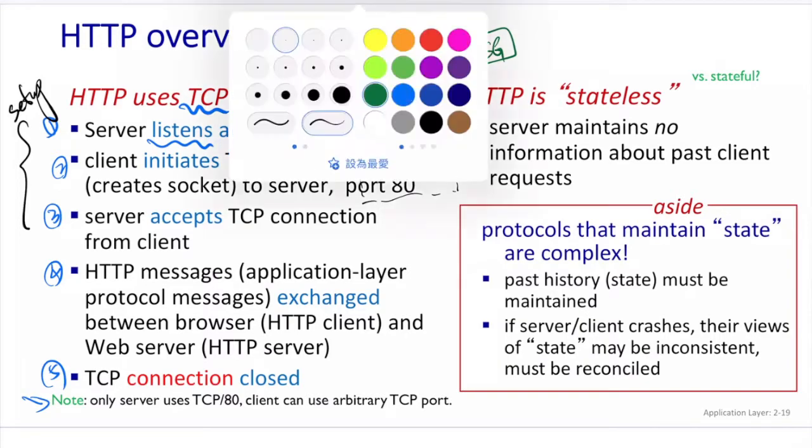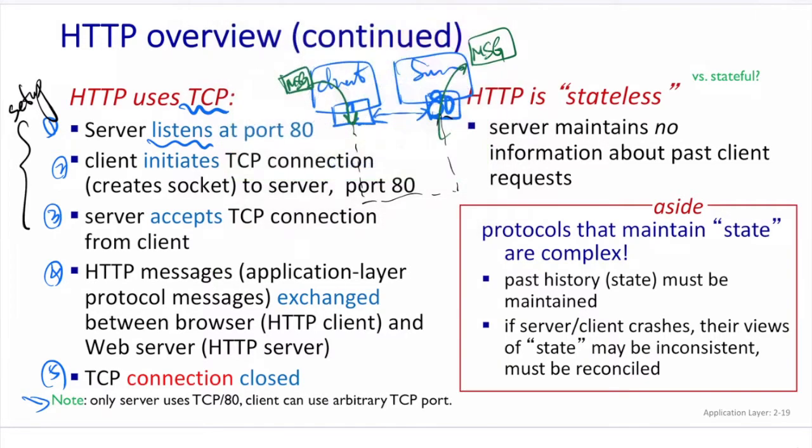And of course, the reply message goes down to the client, goes down to the socket, and then goes back up right here. So the client can receive the response message, which is the light green one.